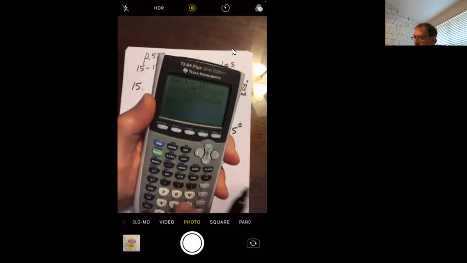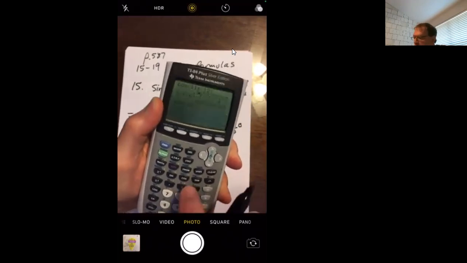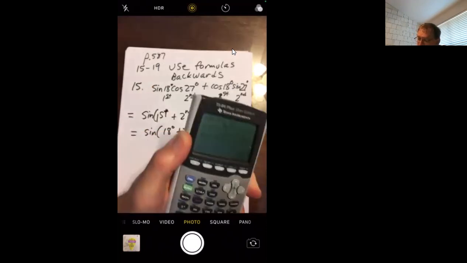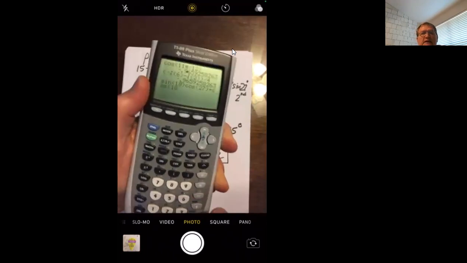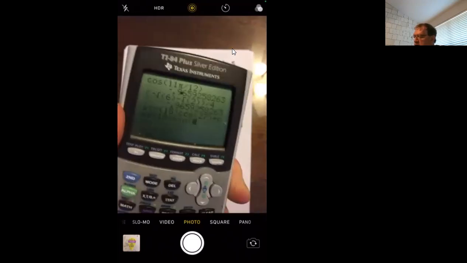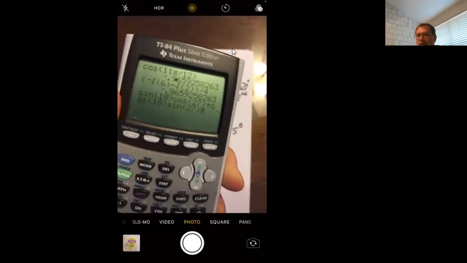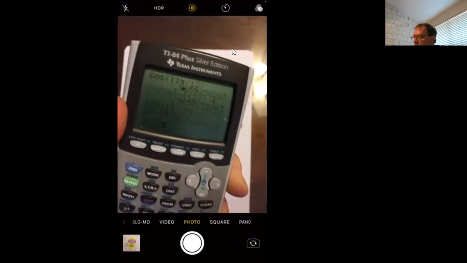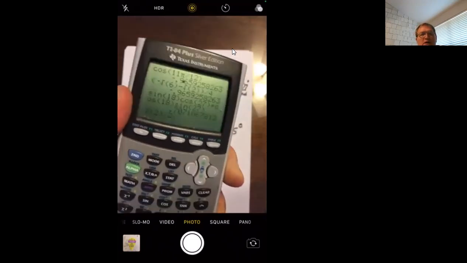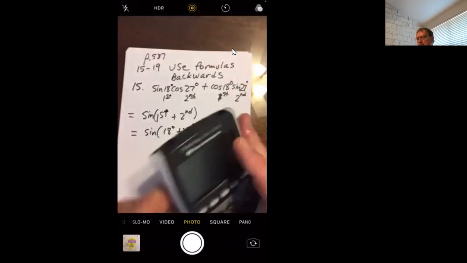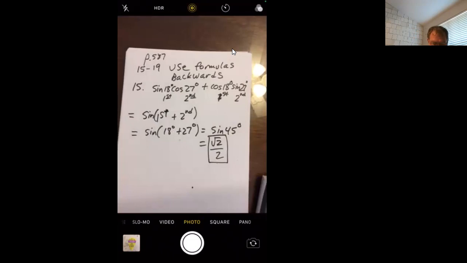So sine 18, cosine 27, add cosine 18, sine 27, and then when you do that, you get square root of 2 divided by 2, and you get the same thing. Okay, so it's a matter of matching the right side back to the original.